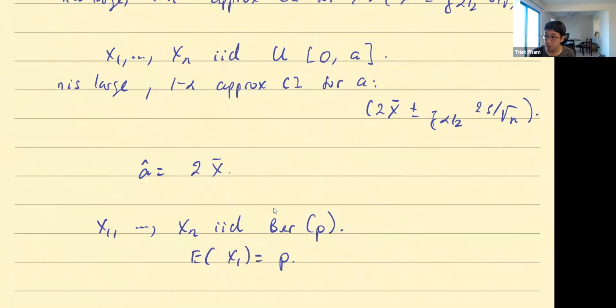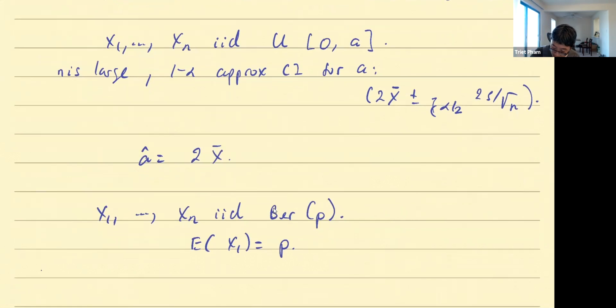So p is the population mean in this case. When n is large, p is exactly the proportion that the textbook mentioned in 11.3.